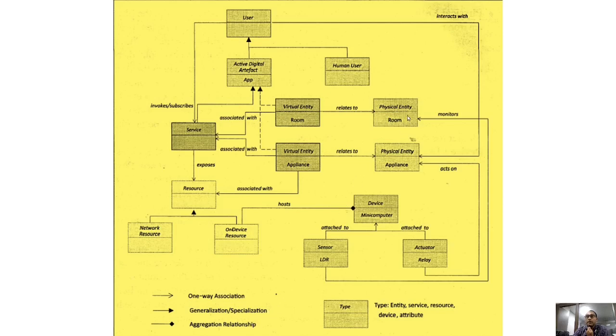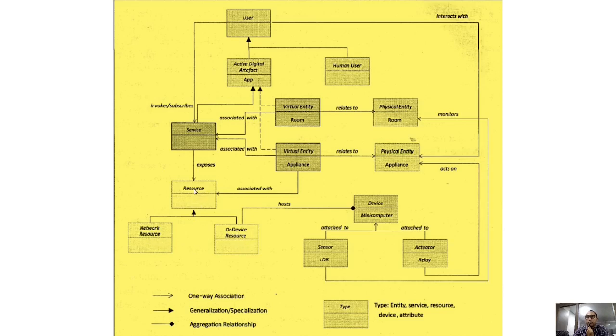You can say multiple parameters might be related in this case. As we see, the sensors and actuators are related to this device, and on top of this device we have some resources running on it. Resources here are, as we discussed, the on-device resource and the network resource.